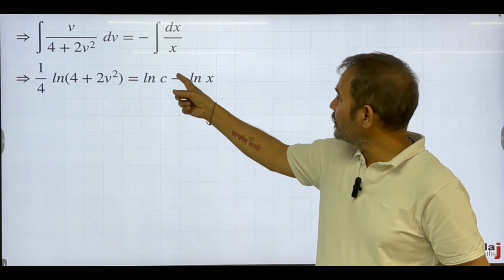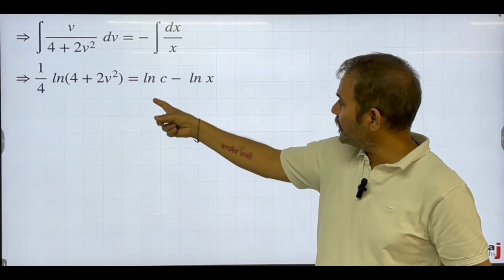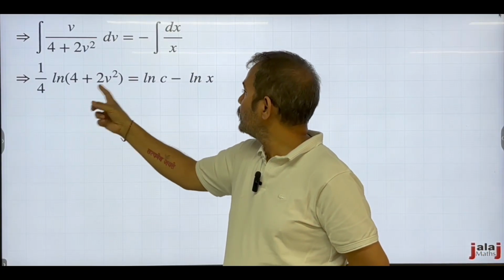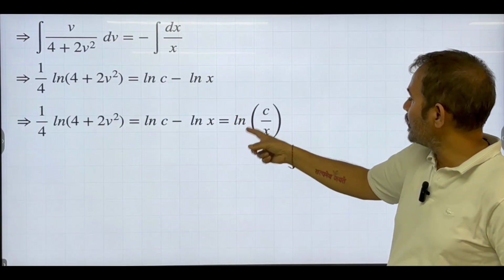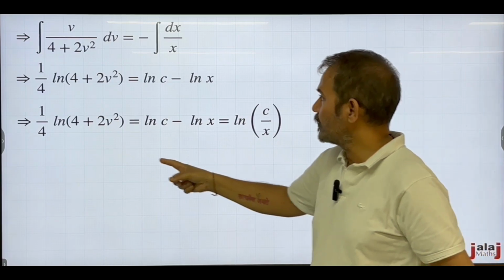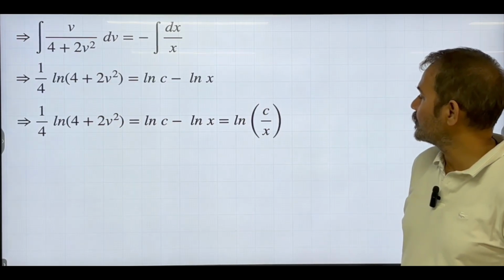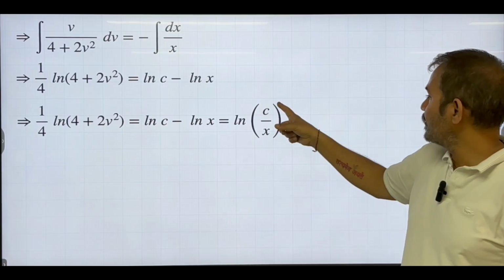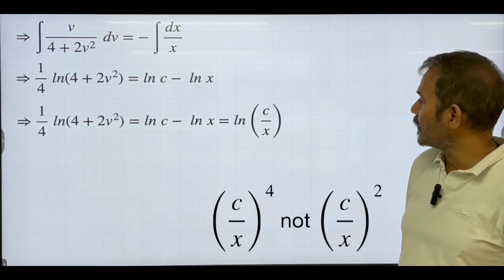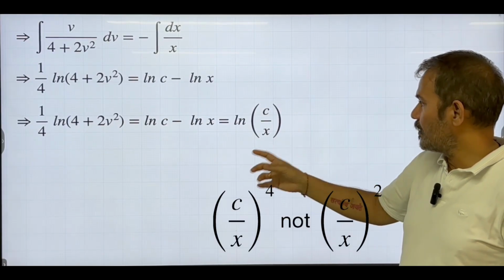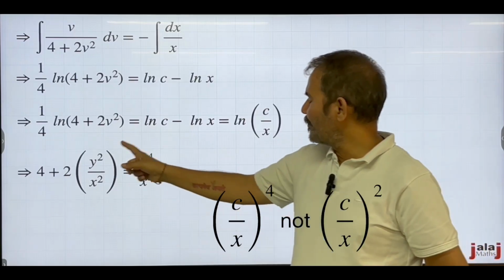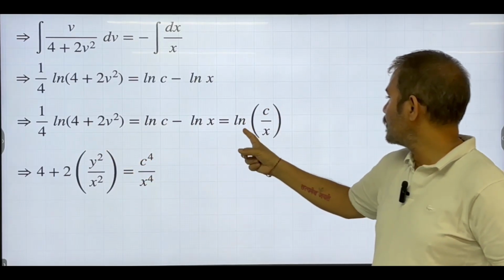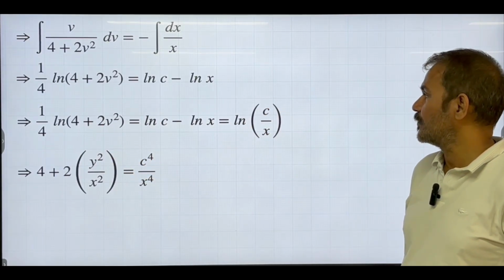So I can write it as negative ln x plus ln c, and you can merge it to ln c upon x. So 1 upon 4 ln of 4 plus 2v squared is this. When 4 is taken to the right hand side, it gives you c to the power 4 over x to the power 4. The ln's are gone, so you're left with 4 plus 2v squared equal to c to the power 4 over x to the power 4.